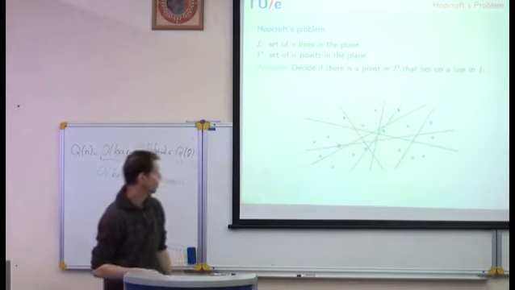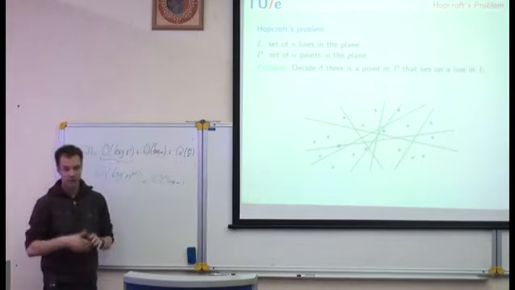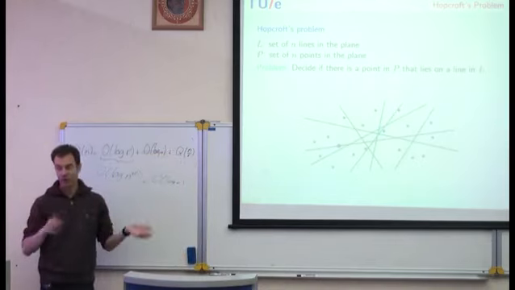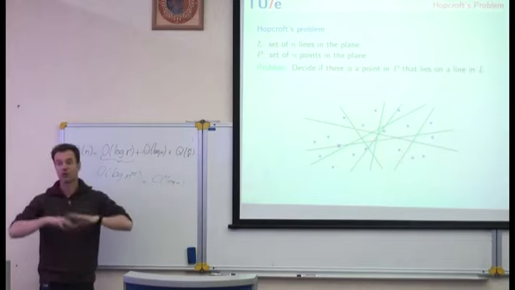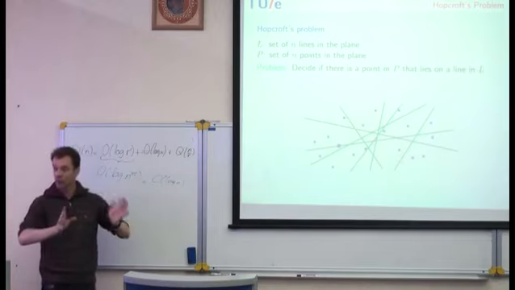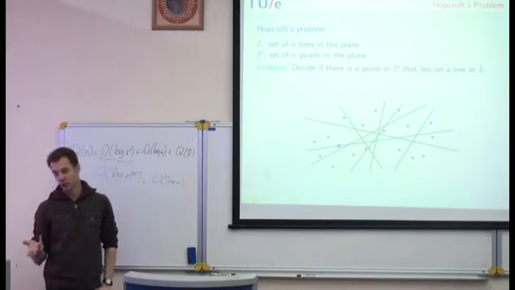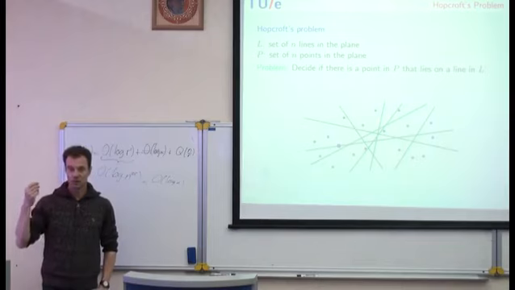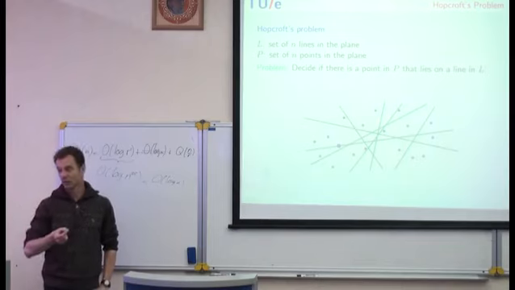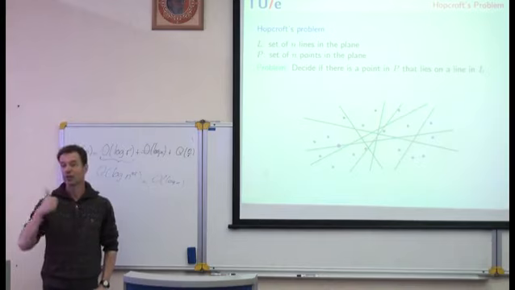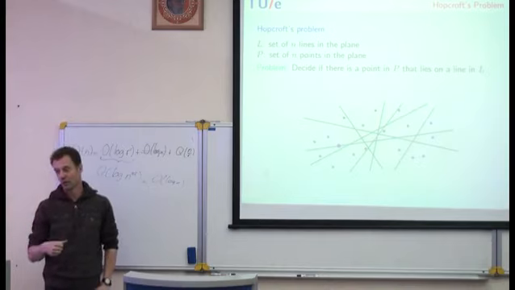And the problem is the following. I give you a set of n points and a set of n lines. So it's not a query problem. You just have a set of n points and n lines. And the only thing you want to know is, is there a point that lies on a line? At least one point lying on at least one line.